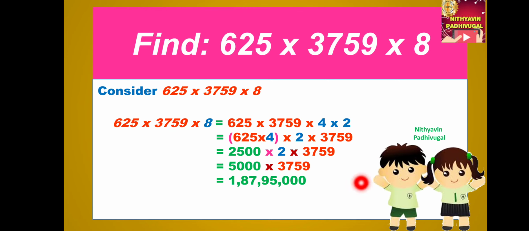So the final answer is 18795,000. Okay. 1,87,95,000. That's all. By using commutative property, we are making our calculation very easy, right?